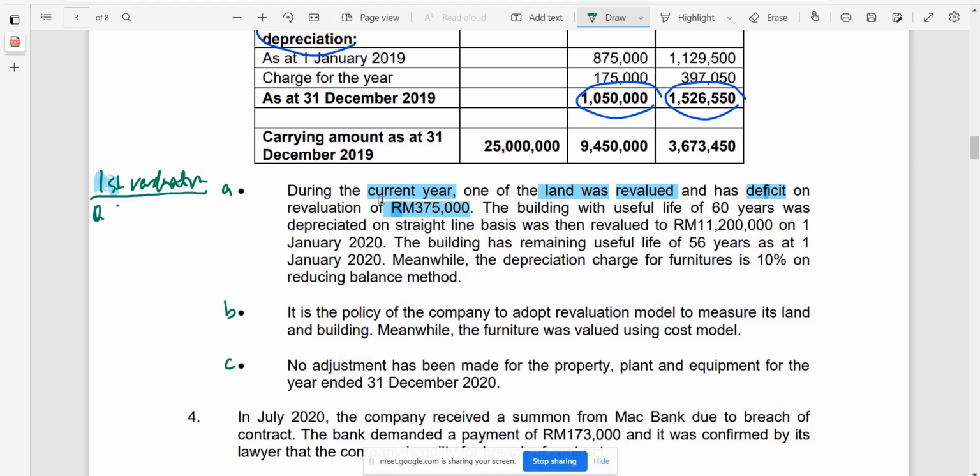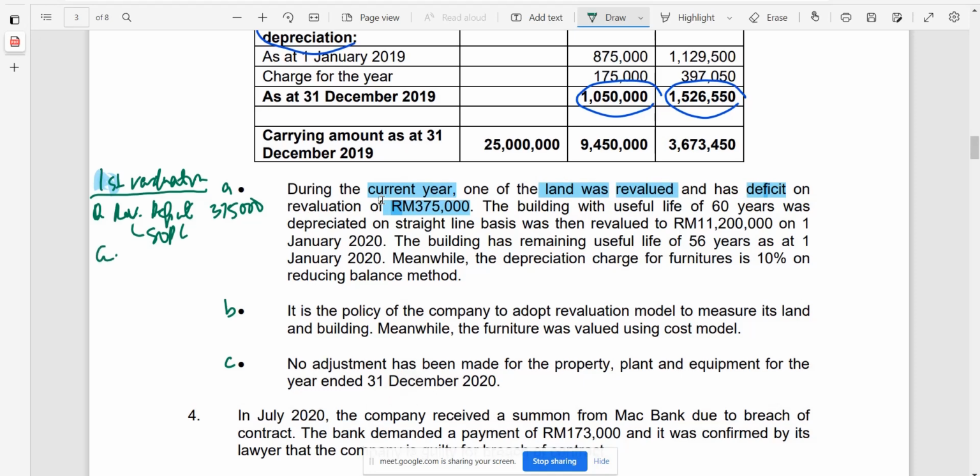So you will debit revaluation deficit 375, which will appear in your SOPL under admin expenses, and you will credit your land, the freehold land, whichever land was revalued, 375, as the deficit was given. You will also show that in your notes on PPE.